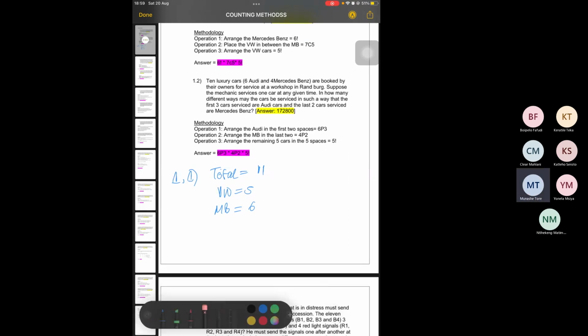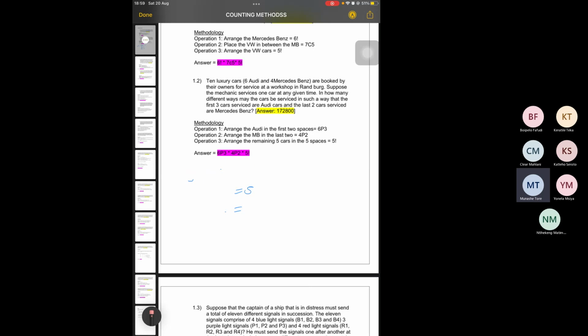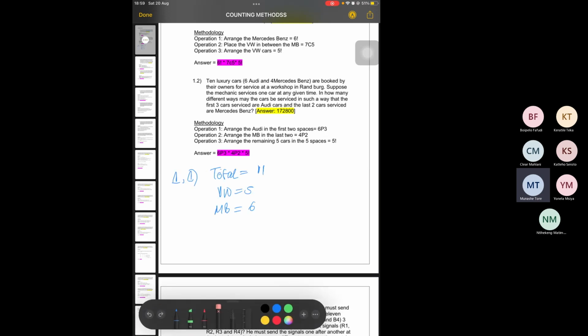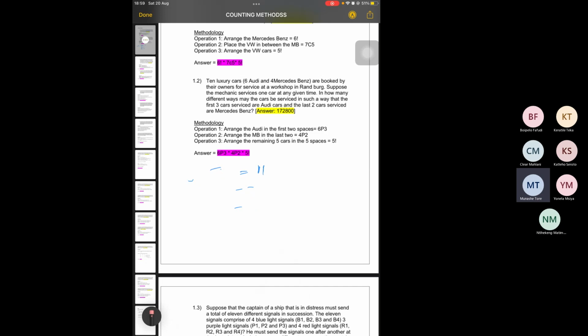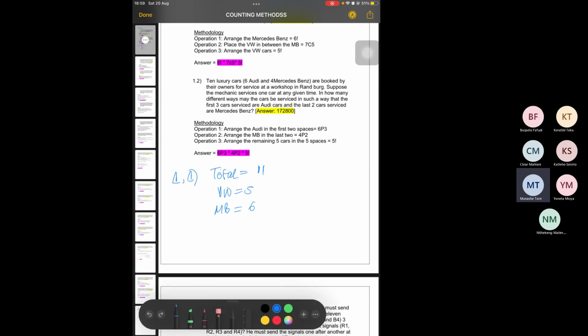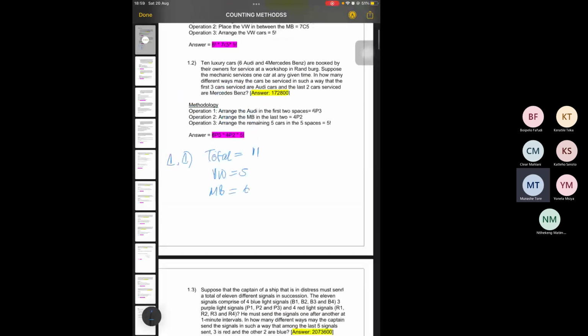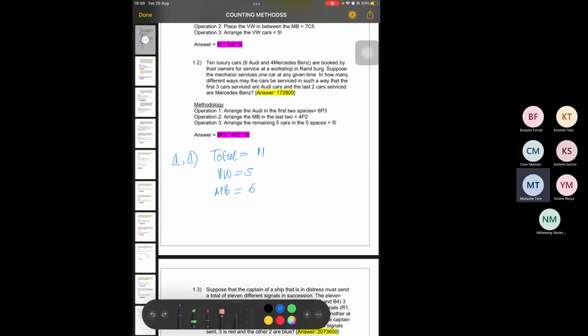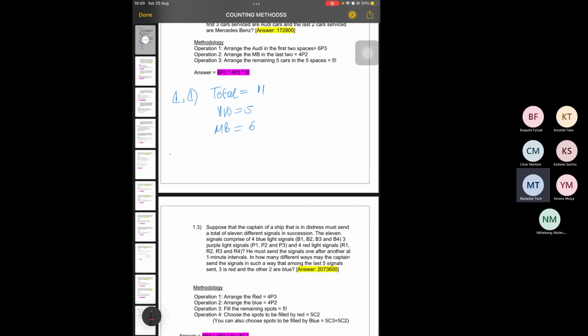So what this means is the VW cars are not supposed to be serviced consecutively. I feel like the moment we do this question, everything else is also going to make sense. So please, if you have any questions, do ask. We have 11 cars, so these 11 cars are going to occupy 11 positions: 1, 2, 3, 4, 5, 6, 7, 8, 9, 10, 11.